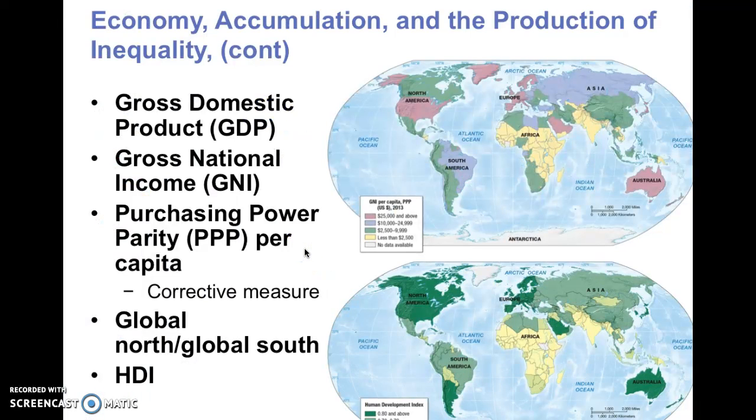So we're now in Lecture 1, Part 3, the economy, accumulation, and production of inequality. So how do we measure the economy? We use gross domestic product. That's a fairly common method.